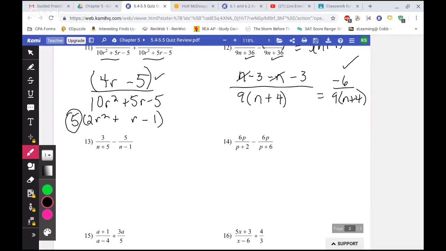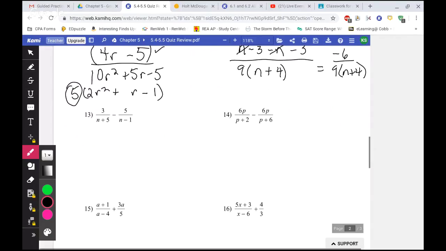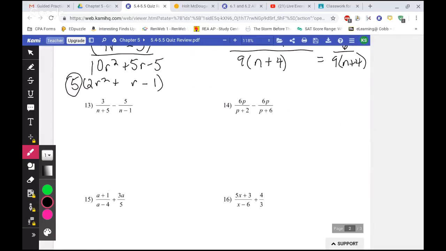We have to get a common denominator because the denominators are not the same in these two cases. So in this first one, we can see that we need to multiply the top and the bottom by n minus 1.